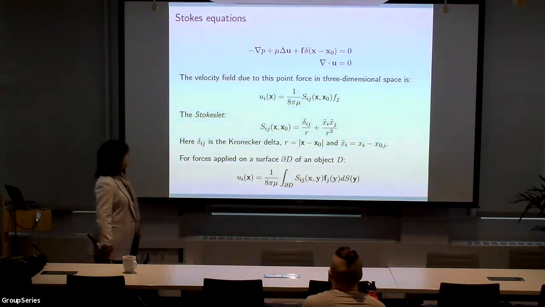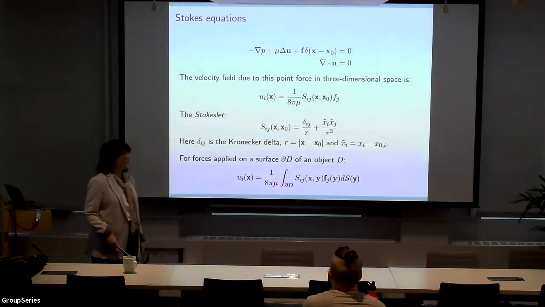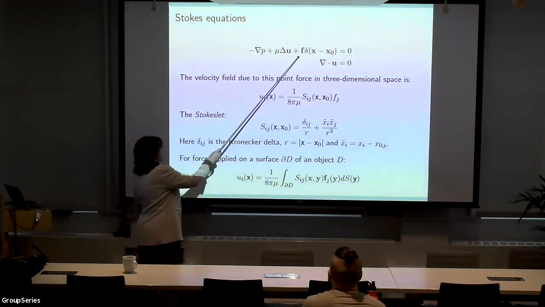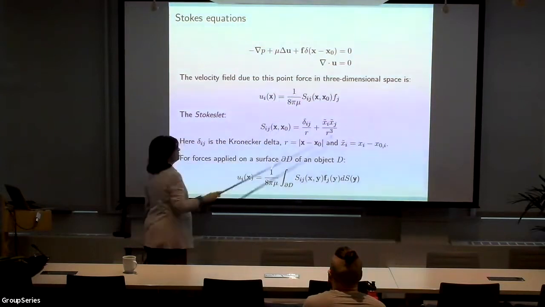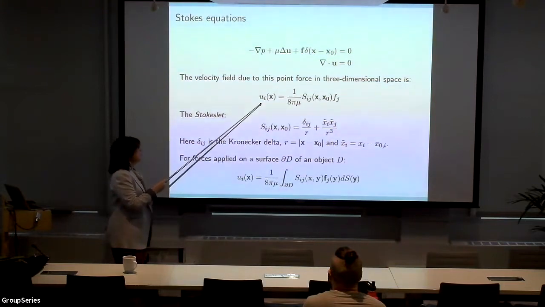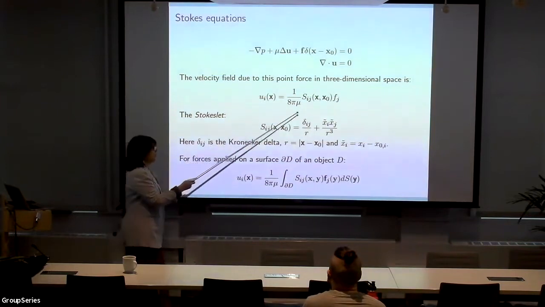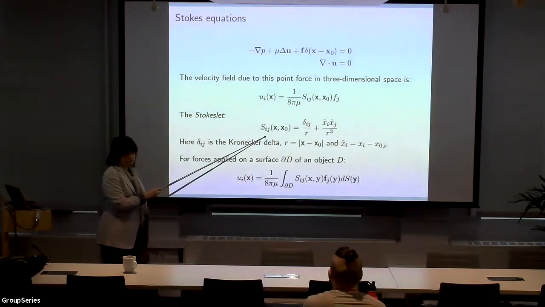So the Stokes equations are linear in U, in the fluid velocity. And so many numerical methods, many points of analysis make use of the fact that we do have a fundamental solution. So in all of R^3, for instance, here, if we have a fixed force applied at a fixed position x0 in space, then we can evaluate the fluid velocity anywhere given that force applied at x0, and here's the Stokeslet kernel.